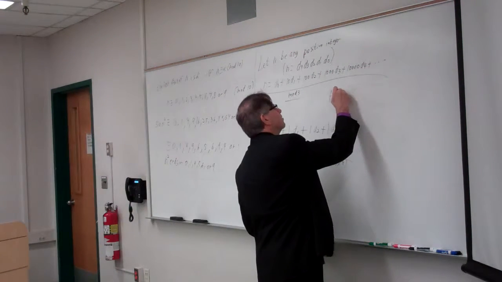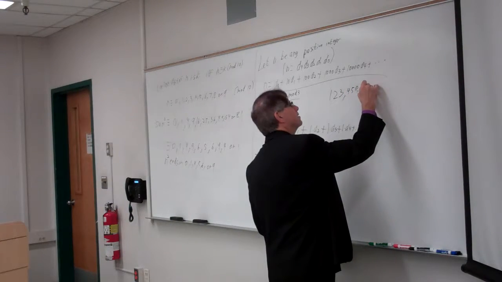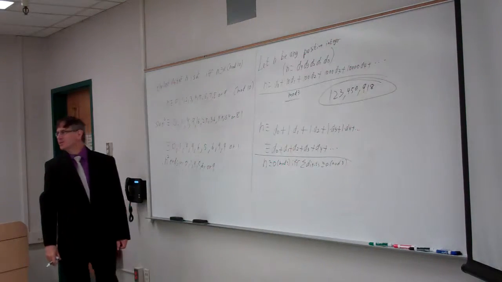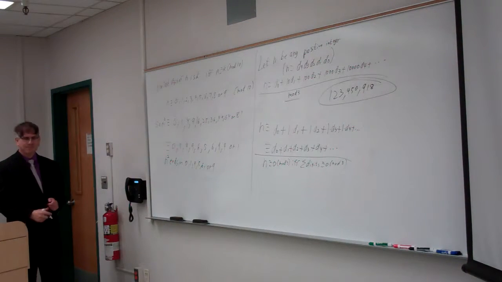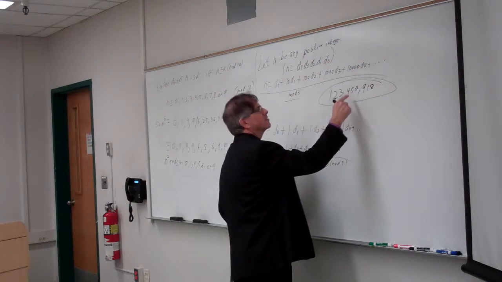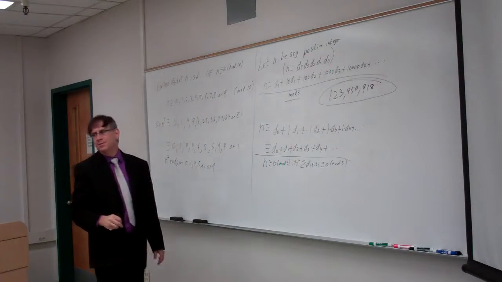So 123,450,918. I can tell you immediately that's divisible by 3, because the sum of the digits will be 6, 15, 24, 25, 33. That's divisible by 3.